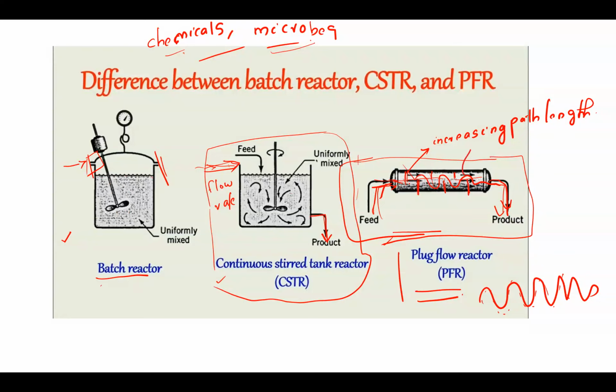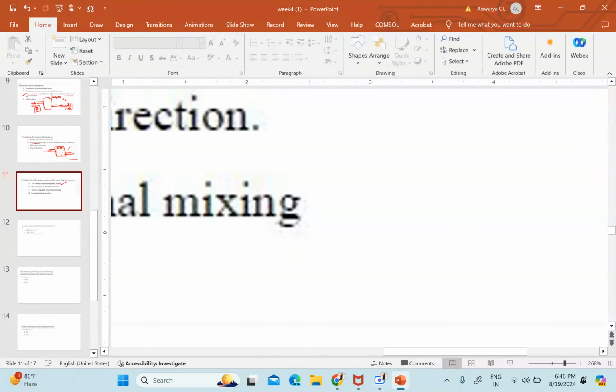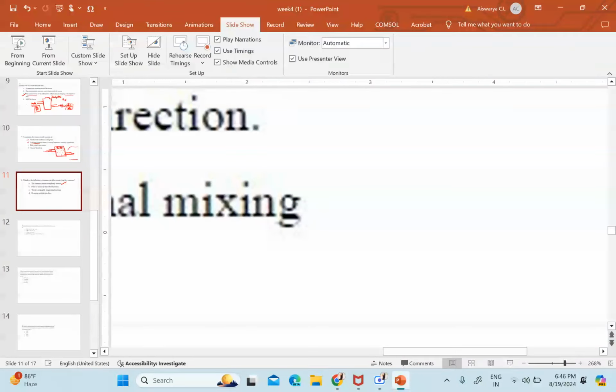But here it has these baffles, so the handling liquid is not fully mixing with each other, so it is flowing like this. I hope you can easily correlate this from the figure.